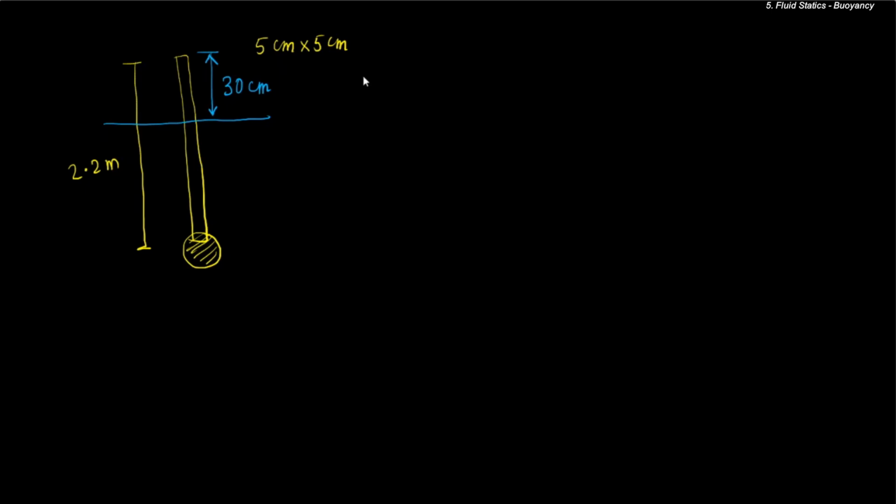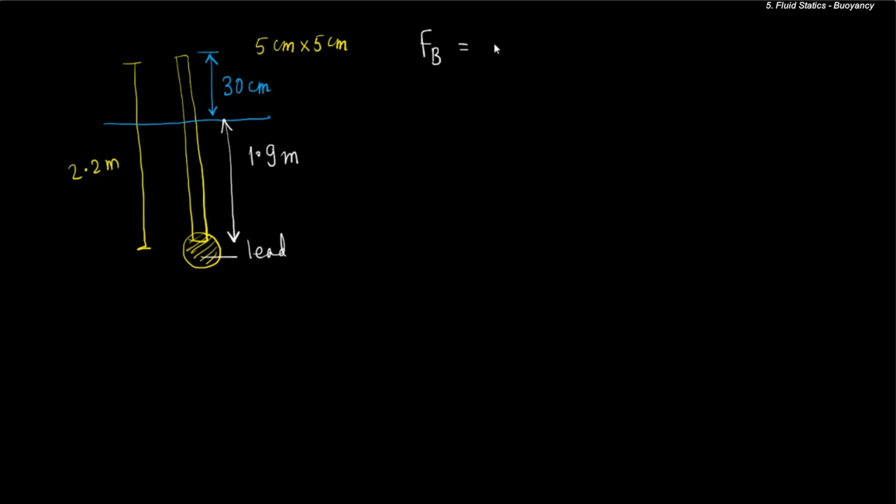Now we know that if 30 centimeter is above, 1.9 meter of the wood is underwater. So let us write down the buoyancy force acting on the entire system. So this particular thing is lead.